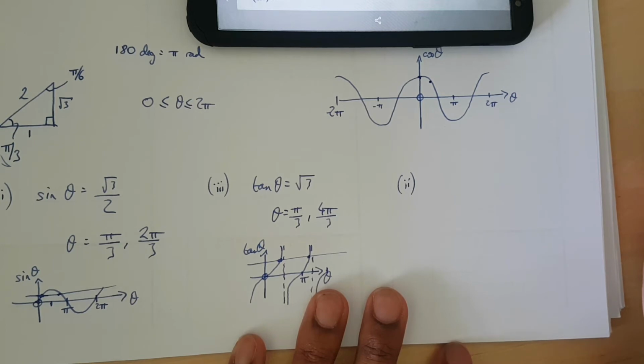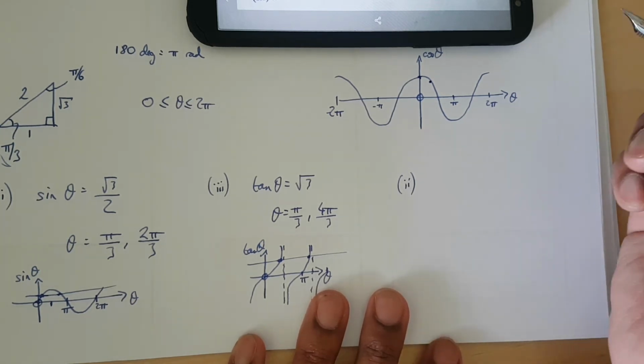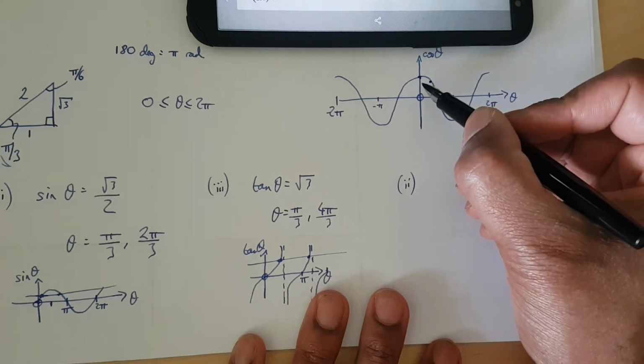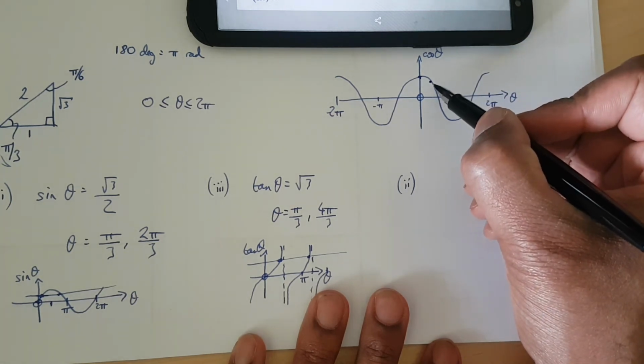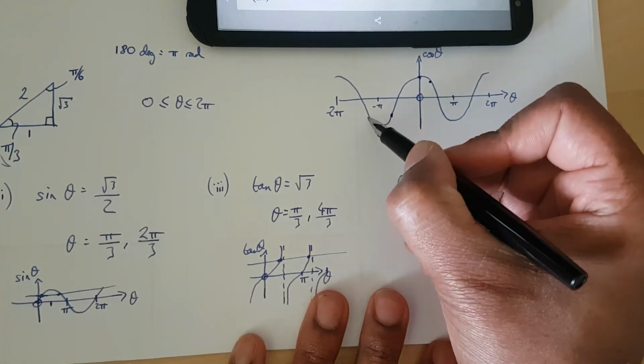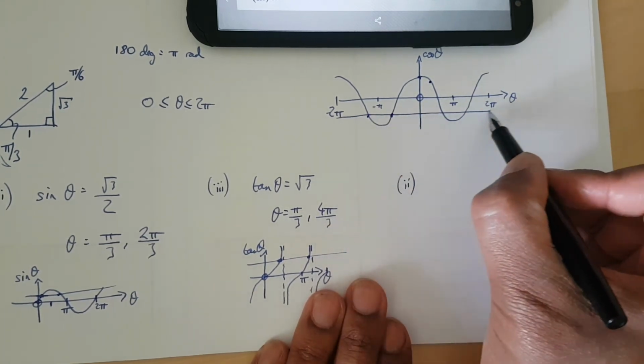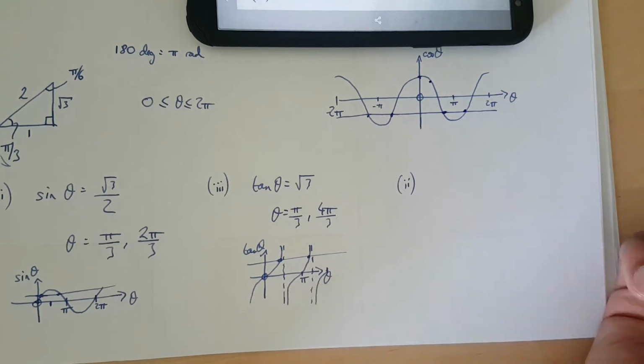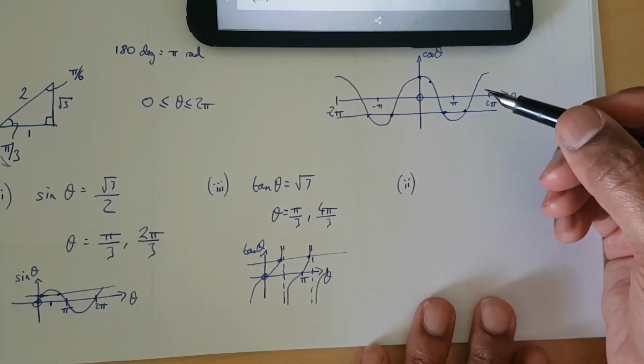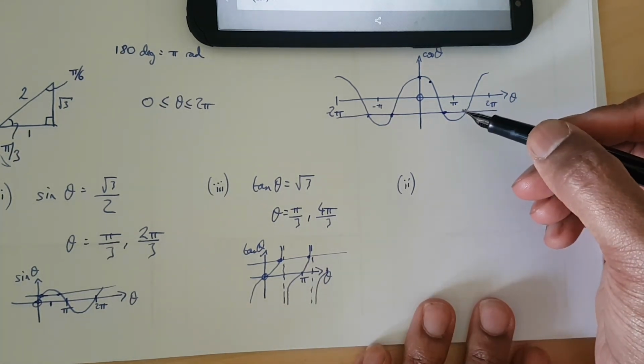To get negative root 3 over 2, though, I would say, well, that's gone, it's just going to be down here somewhere, which is where it crosses negative root 3 over 2. These are the points I'm allowed to have. So where are those points then?